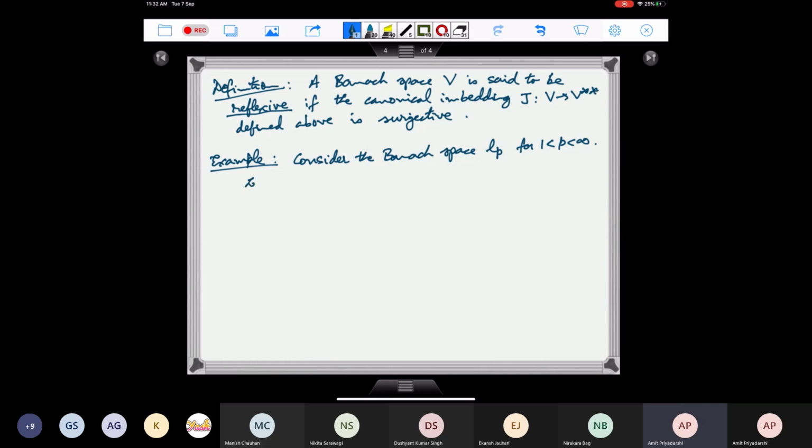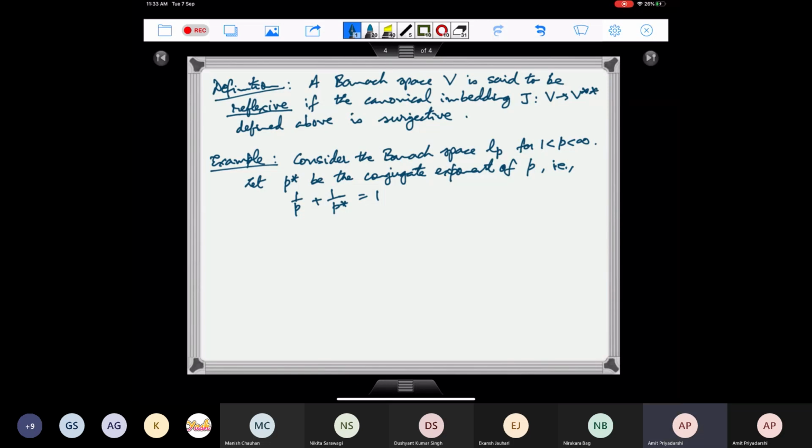So let p star be the conjugate exponent of p, that is, 1 by p plus 1 by p star is equal to 1. So if p is strictly between 1 and infinity, then p star is also strictly between 1 and infinity.